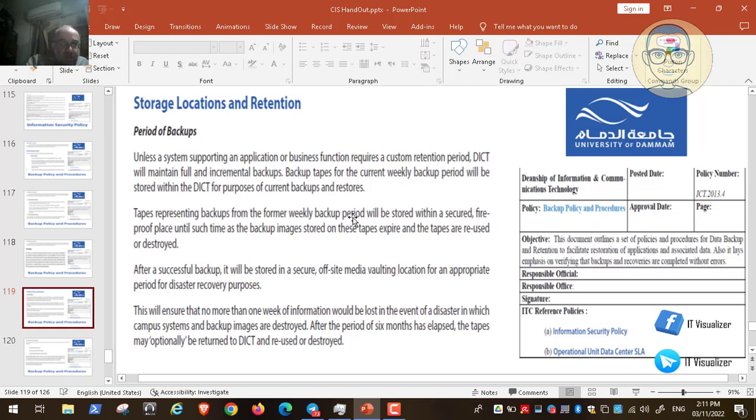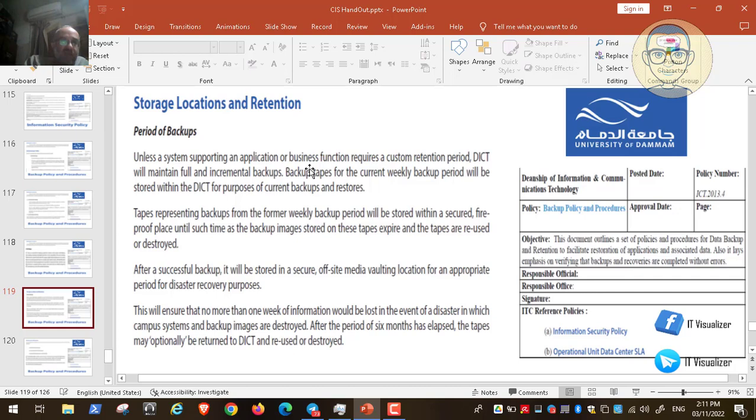Tapes representing backups from the former weekly backup period will be stored within a secured, fireproof place until such time as the backup images stored on these tapes expire and the tapes are reused or destroyed. So it's saying here they are having only 1 week of backup left within the premises or within the university, to be used frequently, or to be accessible by the IT.